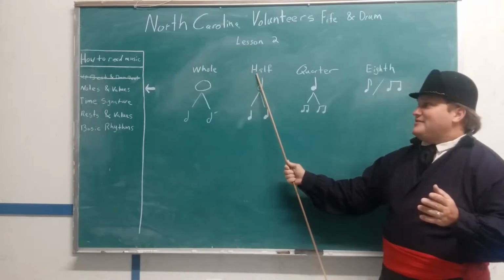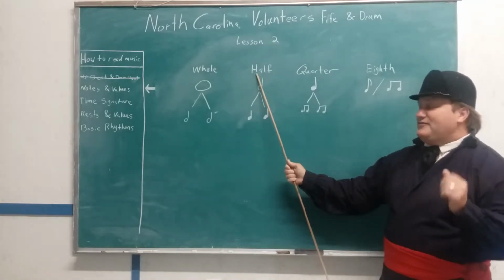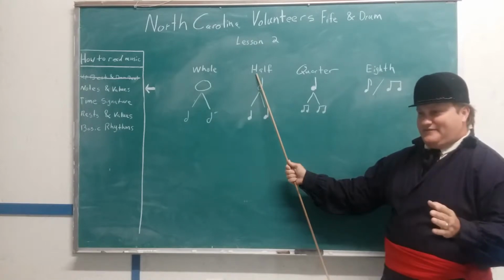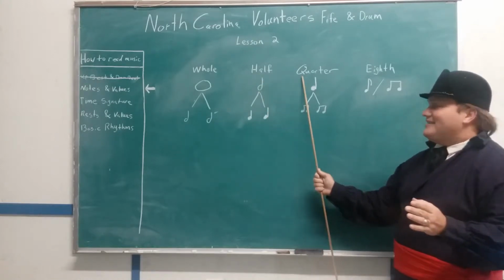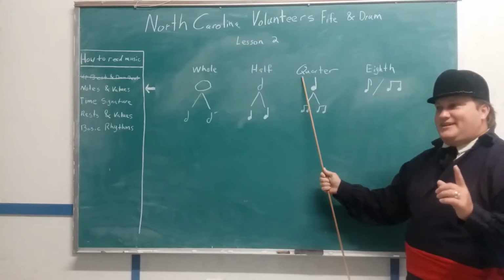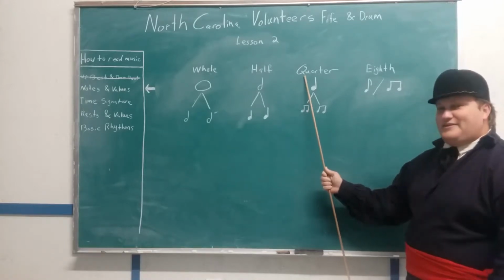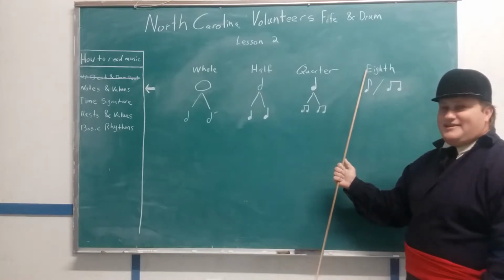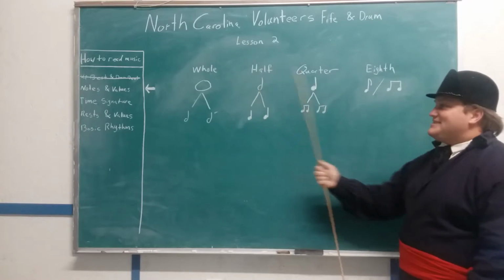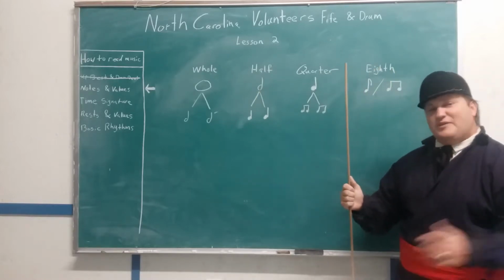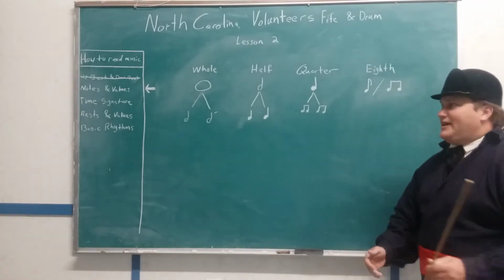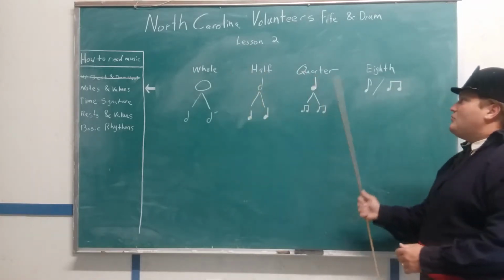All right, so you have a half. If you cut a half in half, you get a quarter, right? Now, if you cut a quarter in half, you get what? What do you think? You get an eighth, okay? So this is the same as it would be for money, as it would be for measuring the ruler, okay? You have the whole, half, quarter, and an eighth.